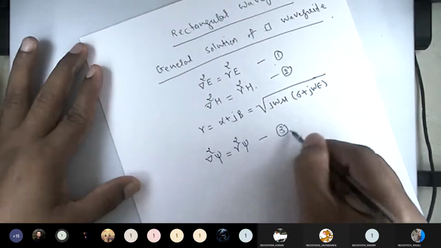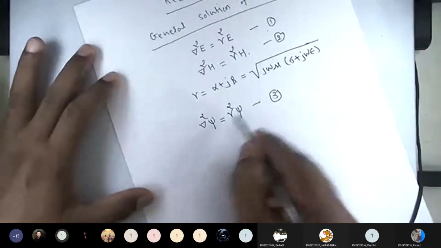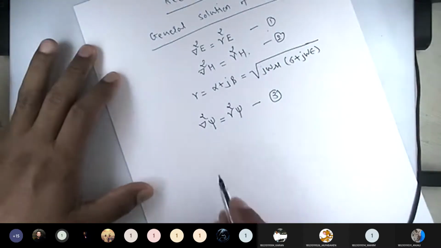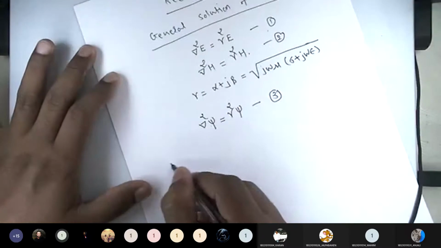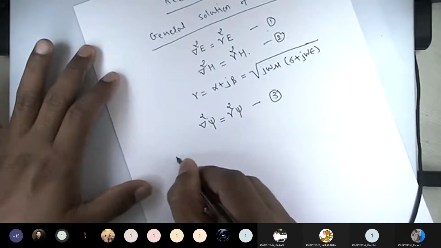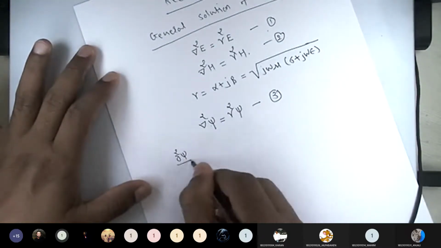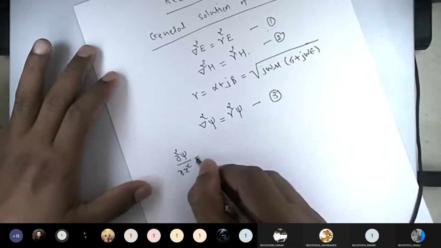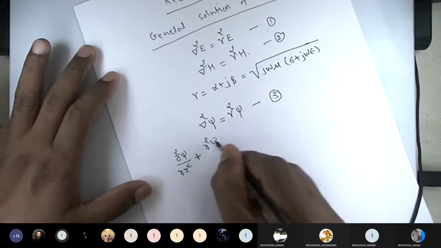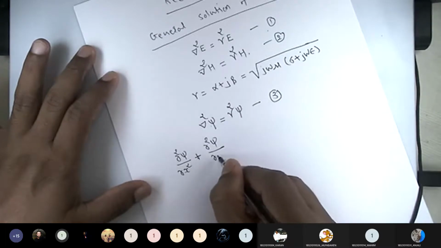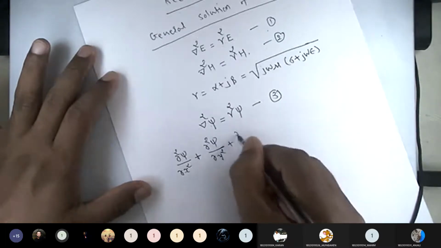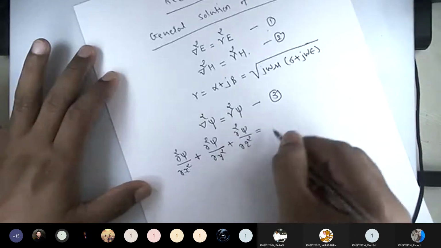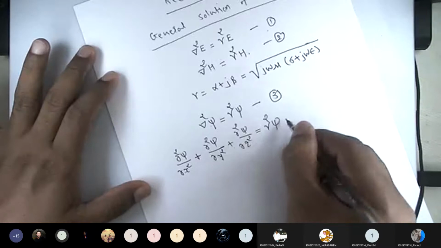So our objective was to find out this psi. The same expression can be expressed in the del square form: del square psi by del x square plus del square psi by del y square plus del square psi by del z square, and that is equal to gamma square psi.